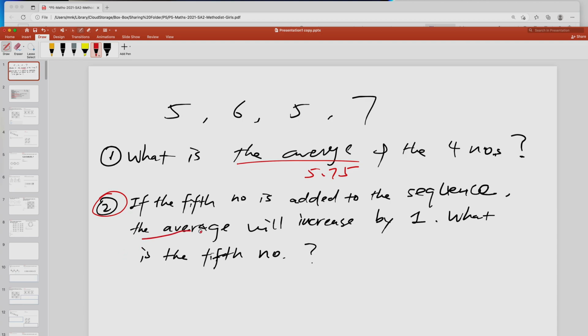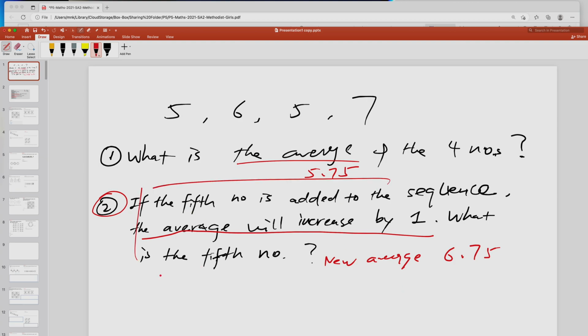No, the average will increase by 1. So what's the new average? Yeah, so the new average is 6.75, right? So how many numbers are here? 5. So the total will be 5 times 6.75. You can use a calculator.